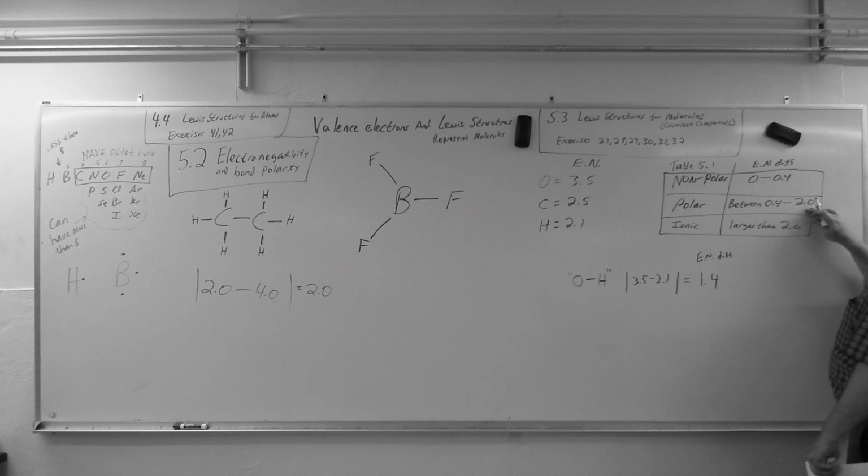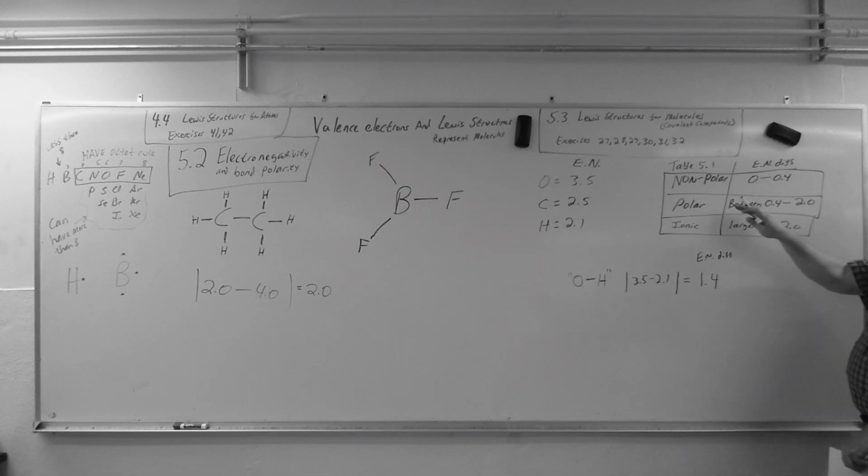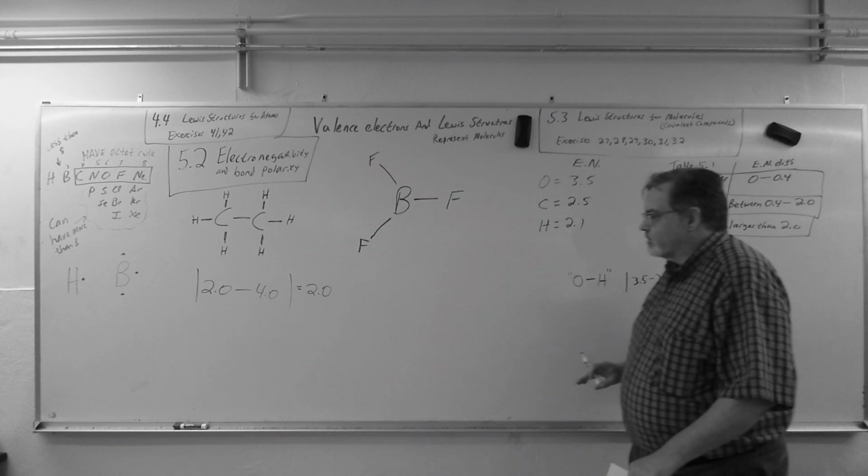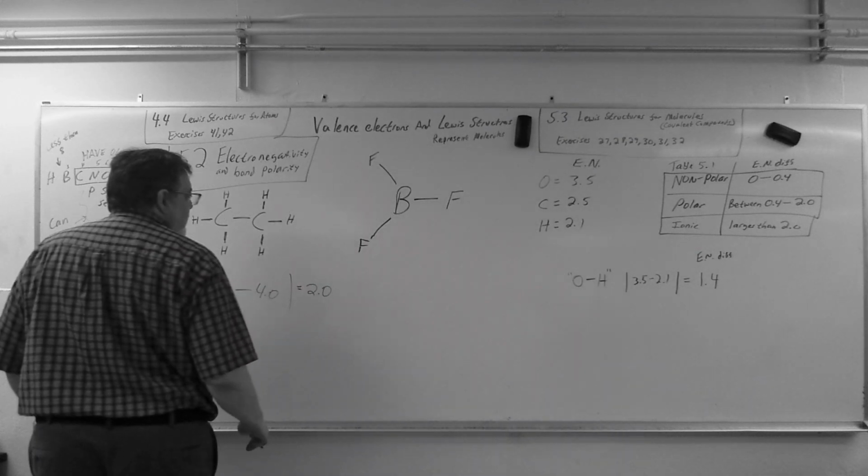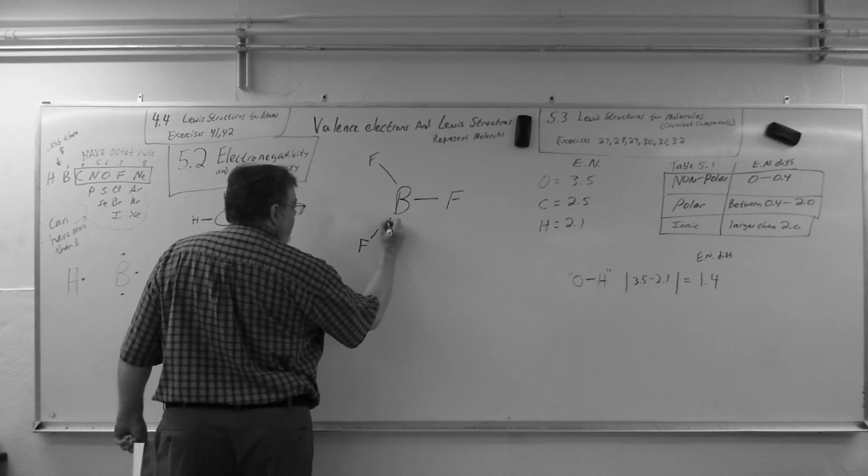And then you get to 2.0, and then anything more than 2.0, then you're in here, larger than 2.0. So we're still just barely in the polar range. These are a little bit fuzzier than books pretend, but this is just a rule we go by. But 2.0 for fluorine, this is extremely polar.